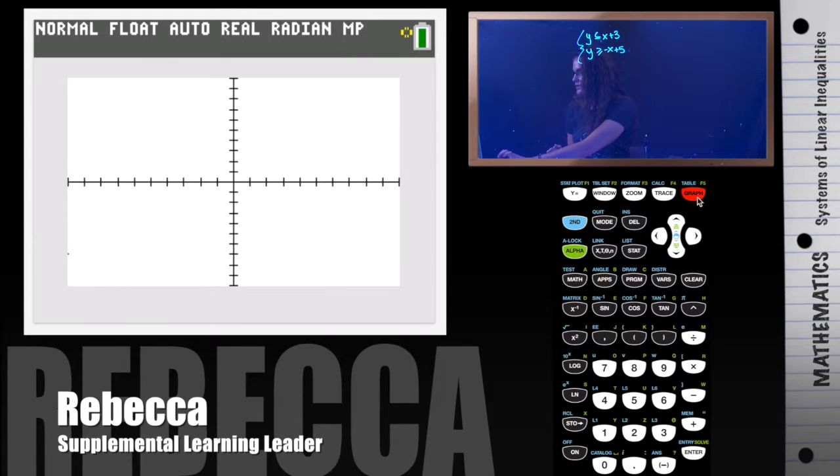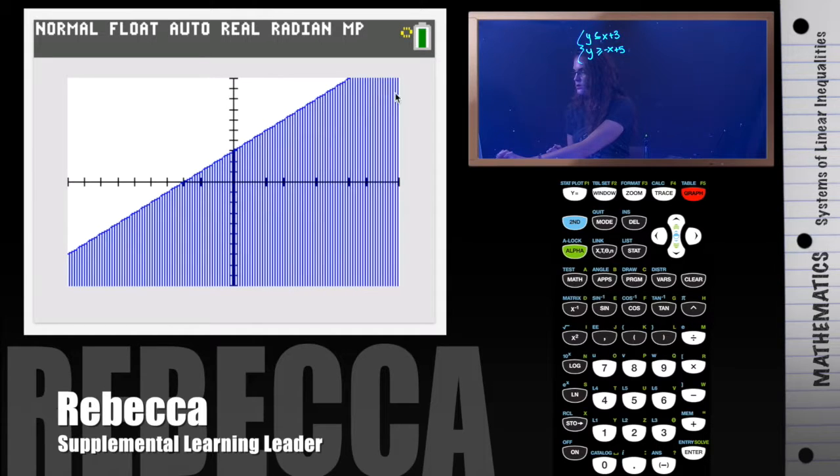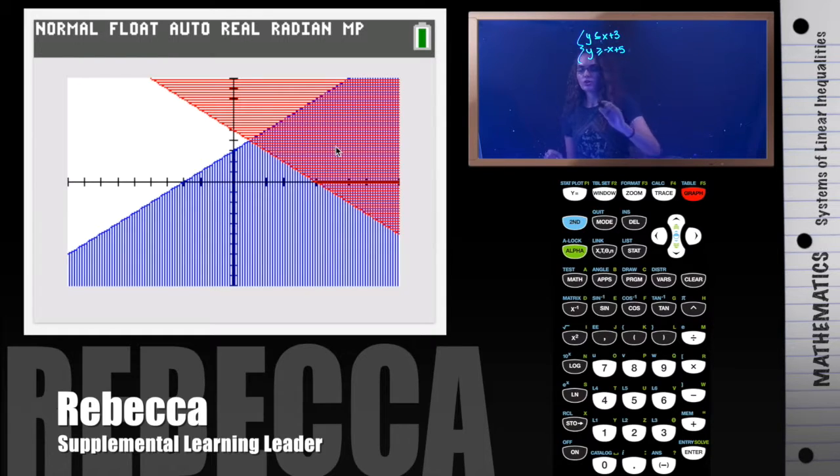And if we graph this, we can see that this blue shading was the top equation and the red shading was the bottom equation. And the only part that is our solution is where they overlap. So we can just draw a sketch of this. And this one intersects about right here.